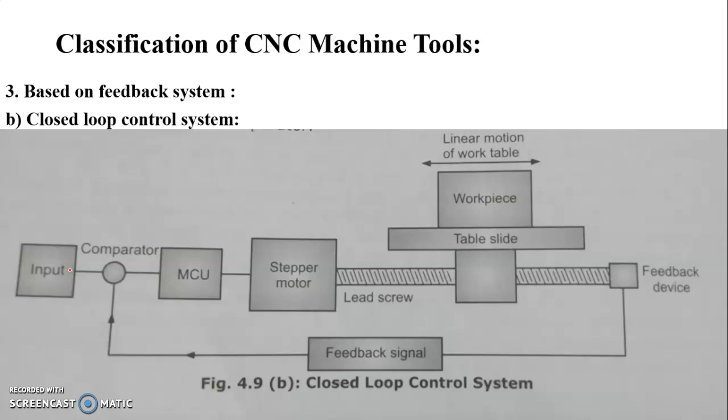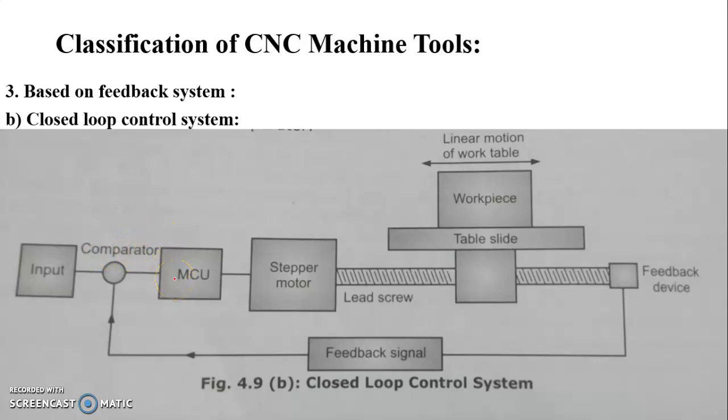This system is similar to the open loop control system, but it consists of two additional devices in the form of a feedback transducer and a comparator, as shown in the figure. The transducer feeds back the actual slide displacement to the comparator. The comparator compares the actual achieved slide movement with the command signal.